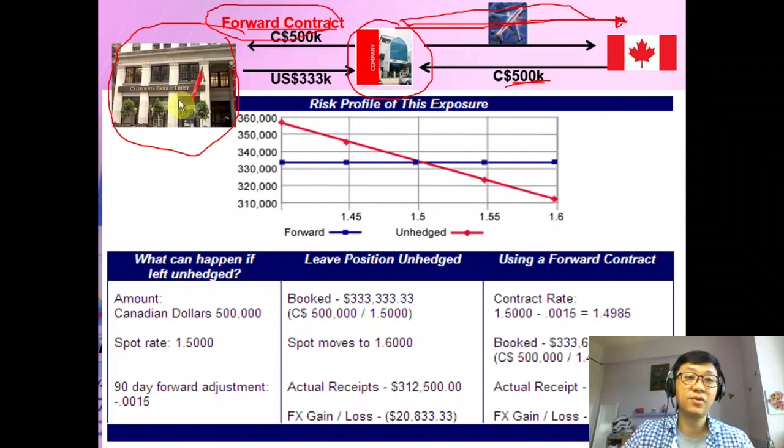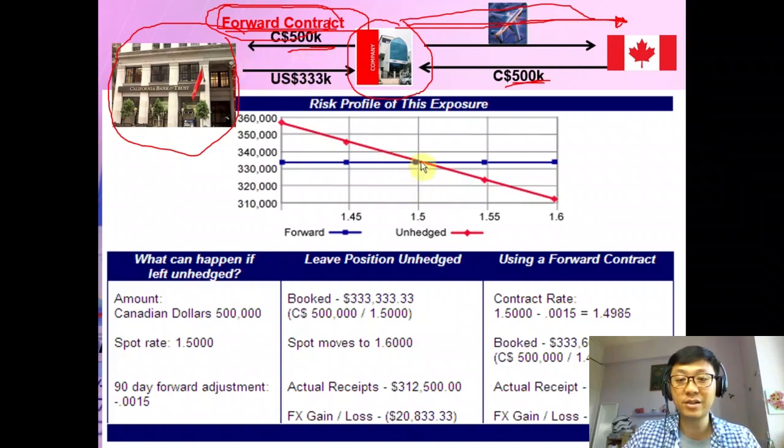So let's say, just now we mentioned a Canadian company. You will work with this Canadian company to personalize and come up with a customized contract. That's why I say customized contract, because the value is different. It's about Canadian 500k, and you want to fix the exchange rate.